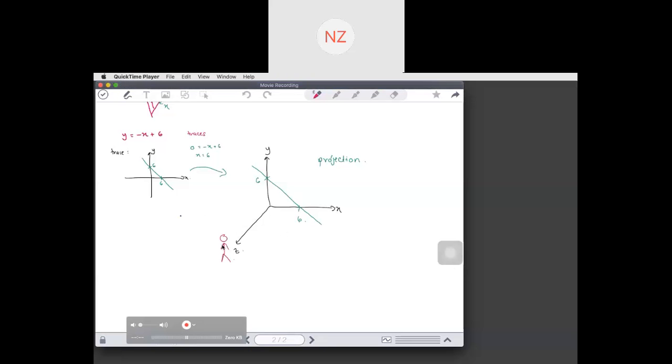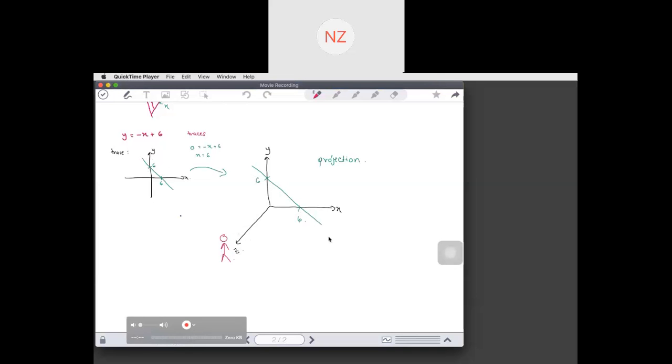So this is you, and in your vision now you can see this line, which is this one. Understand?